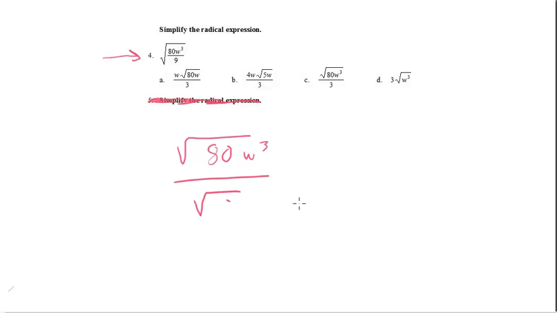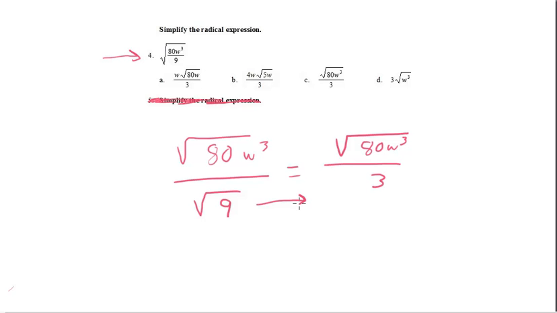The reason I did that to start is because I recognize that the square root of 9 is a perfect square, and that's 3. So now we have the square root of 80w cubed over, well, the square root of 9 is 3. So that's where we're starting.